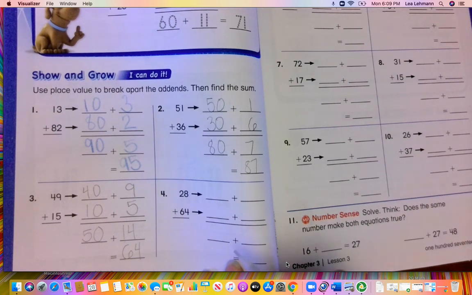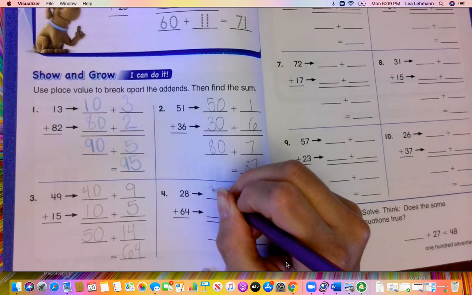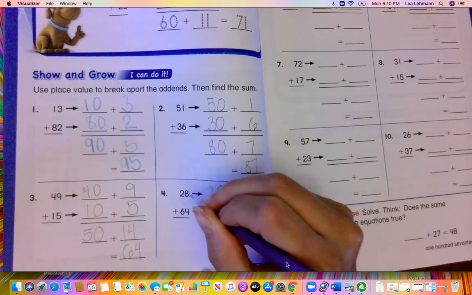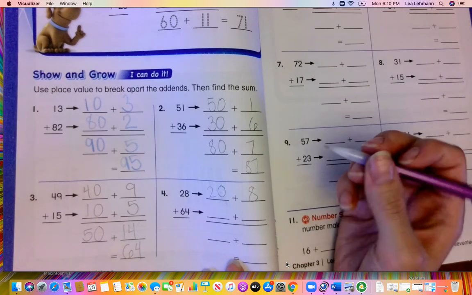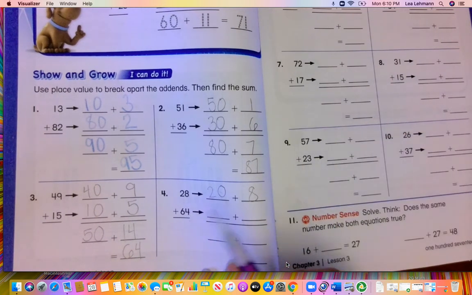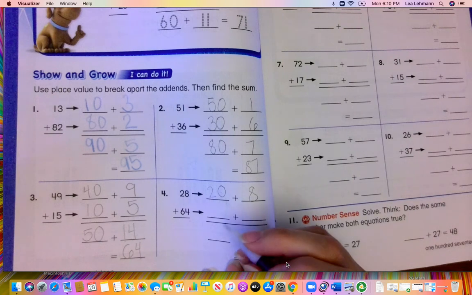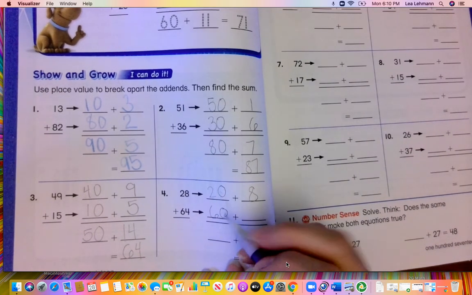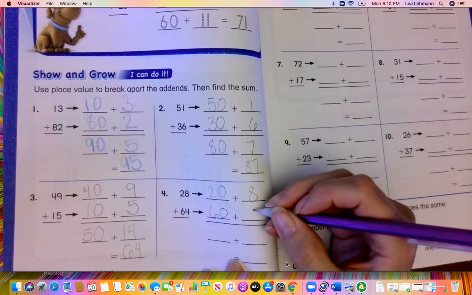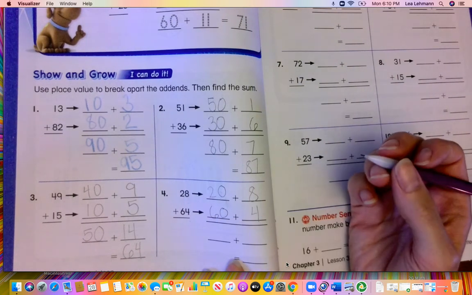Okay, all right, let's do number 4. We have 28 plus 64 equals. Okay, tens place, so we have our 20 first. And then we have our ones place, 8. Then we have 64. So we have 60 in our tens place. And then 4 in the ones place.